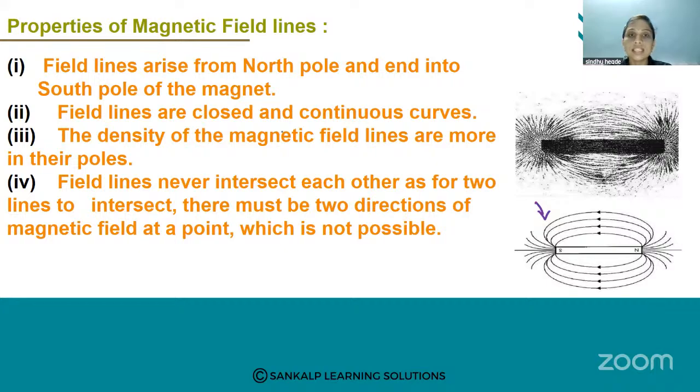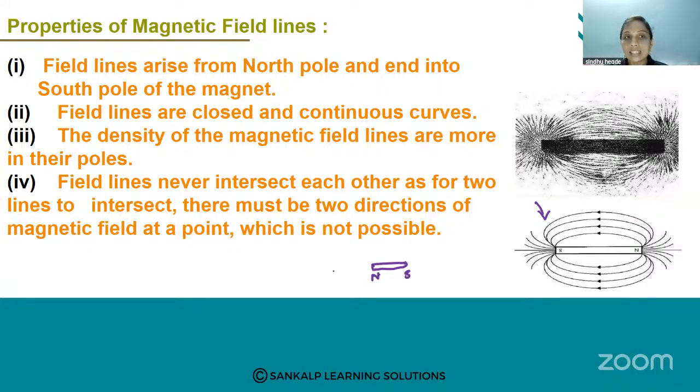See here, the first property tells that field lines arise from the north pole and end into the south pole of the magnet. We know that a magnet has two poles, one north and another south pole, right? Consider one bar magnet here.